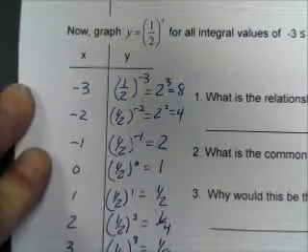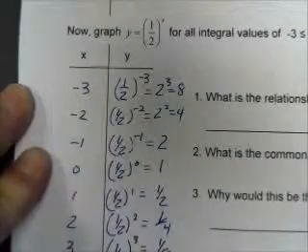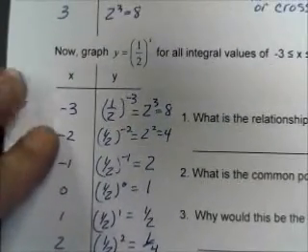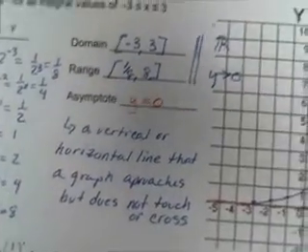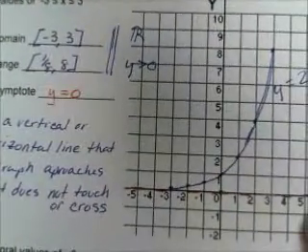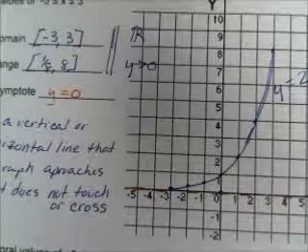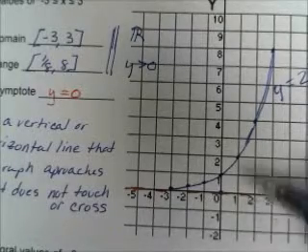Now, if you have a different colored pencil or pen, we want to go back to the grid and plot those ordered pairs. And I'm going to use green. So I'm plotting -3, +8.